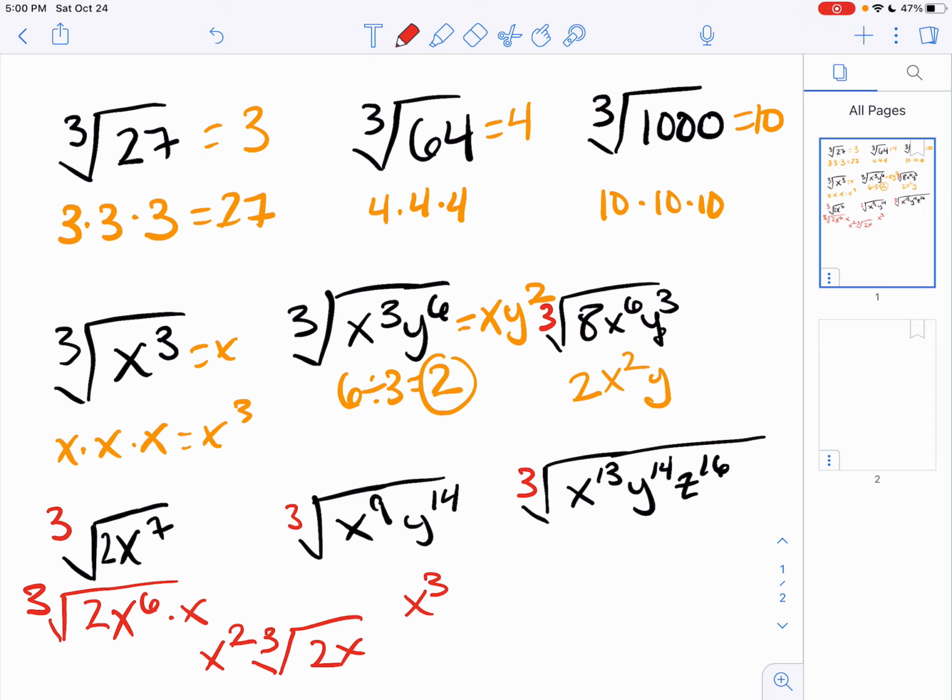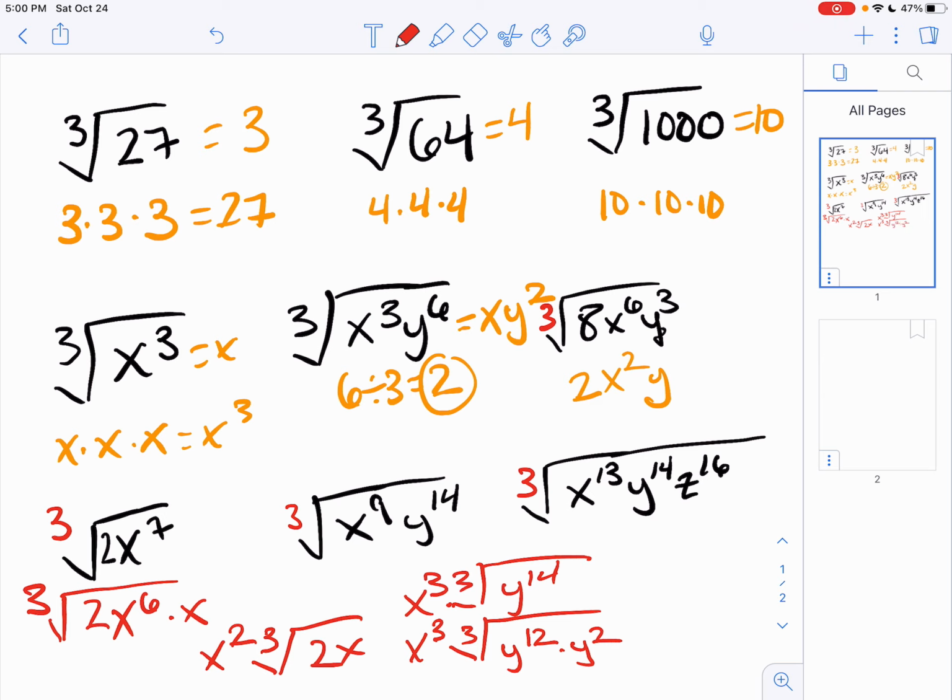Now for the second to last one, 9 is divisible by 3, so 9 divided by 3 is 3, so x to the third on the outside. Now 14 is not divisible by 3, but what is the closest number to 14? 12. So let me make this an extra step so we don't get confused. I'm going to turn this into x to the third, cubed root of y to the 12th times y squared.